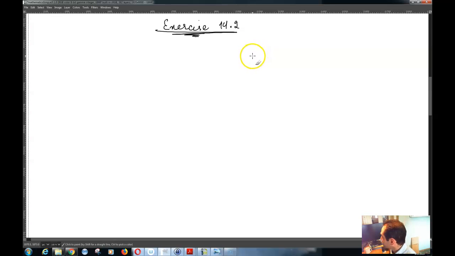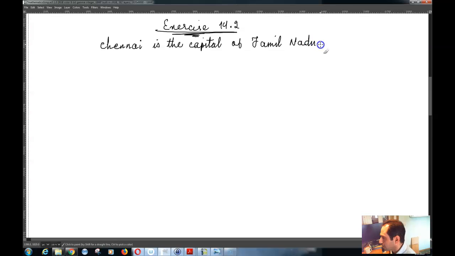Question number 1 is write the negation of these statements. If you want to write the negation of a statement, for example, let's say the statement is Chennai is the capital of Tamil Nadu.